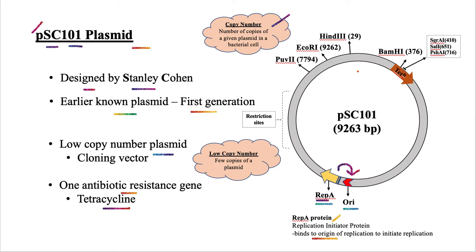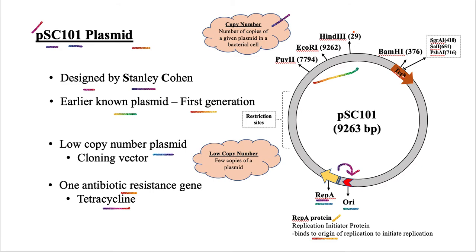Then we have restriction sites. As I mentioned before, these are the regions essential for insertion of our gene of interest. By the way, I didn't mention all the restriction sites in the plasmid just to keep it simple; the actual plasmid will have many restriction enzyme sites.